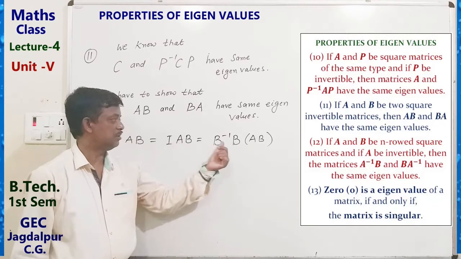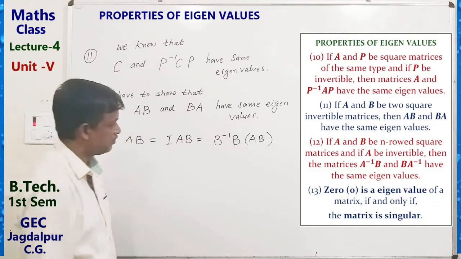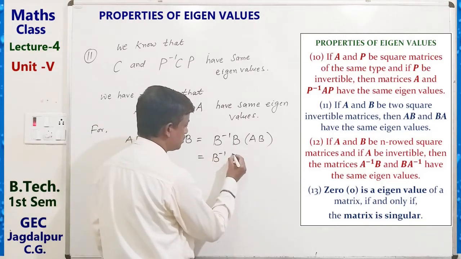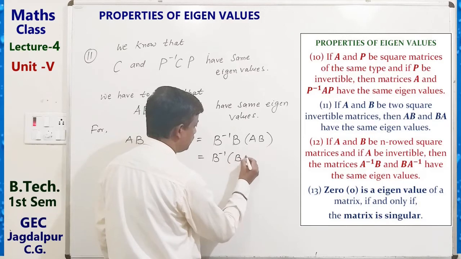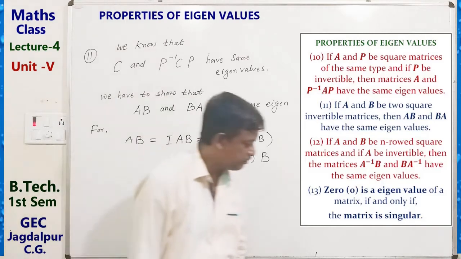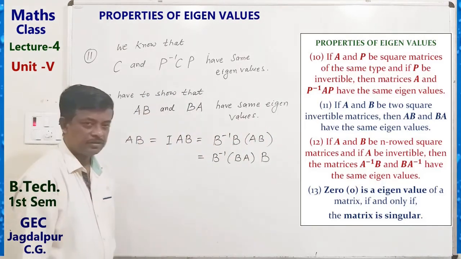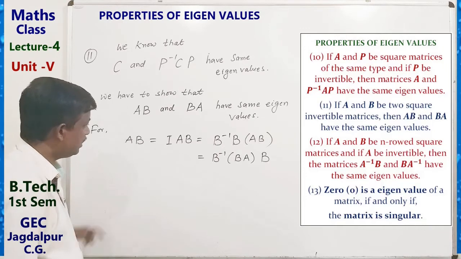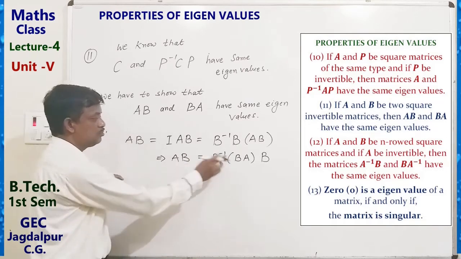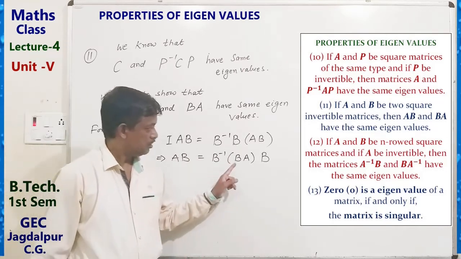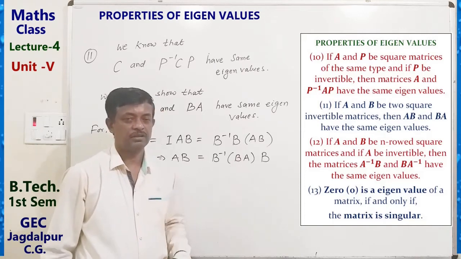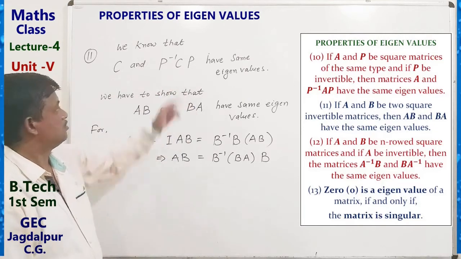In place of I we can write B inverse B. B is invertible, so B inverse exists. Now by associativity law, B inverse BA B we can write. Clear? So here AB equals this. Now its eigenvalue and eigenvalue of BA are same by using this.